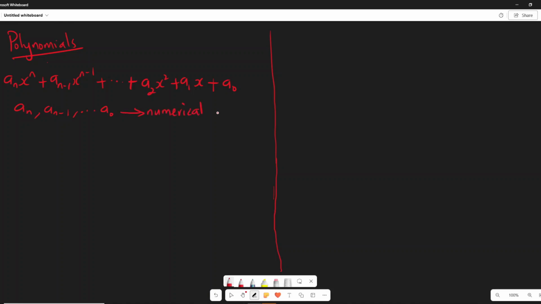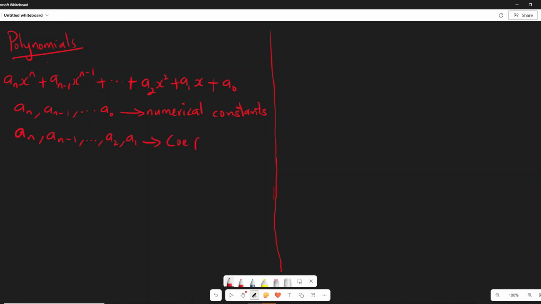Alright, they are all constants, so they could be numbers in the form of 2, 5, 7, 6, 3. Those are constants, not variables. That's the first take. The second is a subscript n minus 1, and up to a subscript 2, a subscript 1 are coefficients.